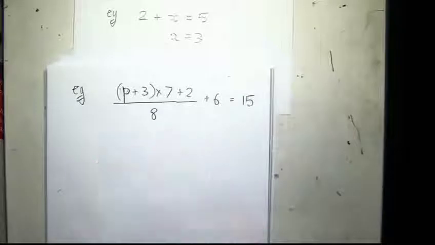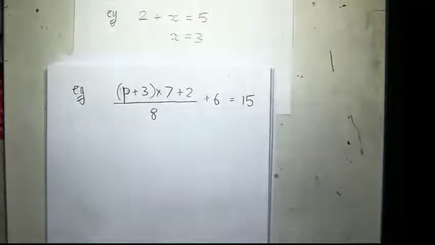There we go. Okay, so this is my equation. So it tells me that whatever the number p is, p plus 3, then times 7, then plus 2, divided by 8, and then plus 6, is the same as the number 15. So anytime I saw the number 15, I could just as easily replace it with that. I wouldn't, because that would be stupid, but yeah, I could.